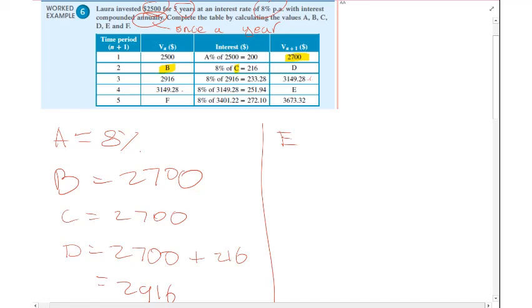So E is equal to 3149.28 plus 251.94, and that will equal 3401.22. And again, similar to what we did before, F is the same as E.